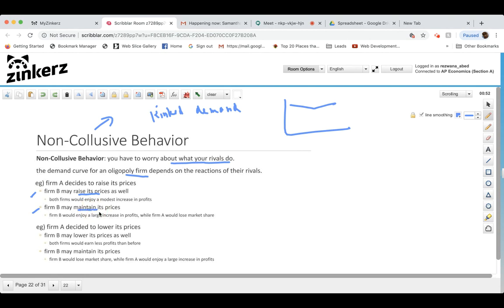So if they both raise their prices, they would both enjoy an increase in profit, because now the price is higher, so of course their total revenue is going to be higher. So they can both enjoy a modest increase in profit.